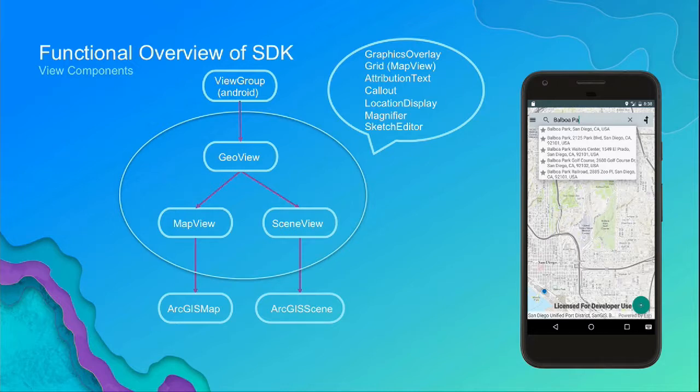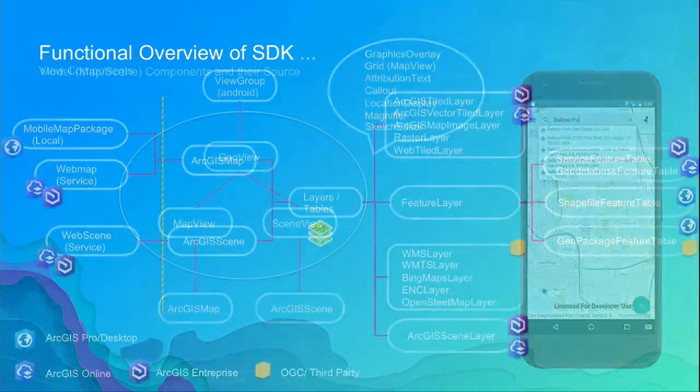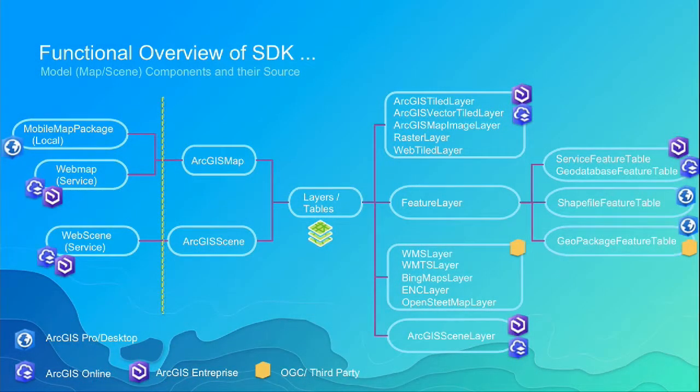Once we see the view components, the data that is coming to these view components is through the model components, which are the ArcGIS map and ArcGIS scene. Let's see where we get those sources from. So we have this model component, ArcGIS map or ArcGIS scene.